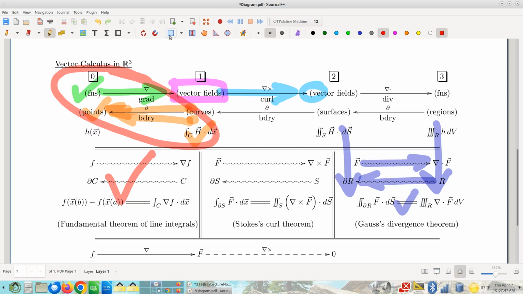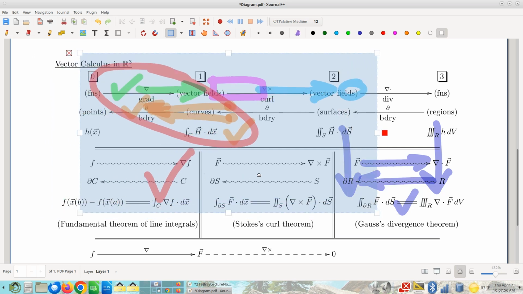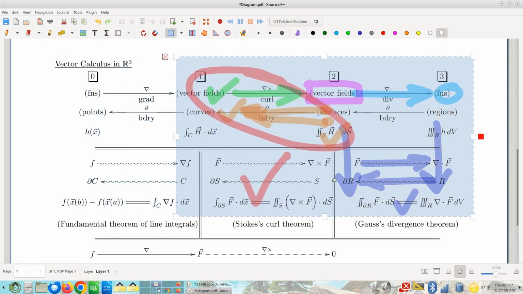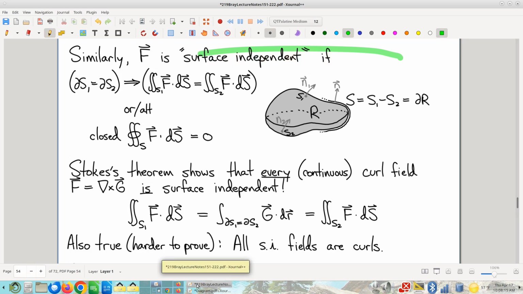The pattern, then, and this is not mathematical reasoning, this is pure strategic speculation, but the diagram would seem to suggest that if I want to connect being a curl with being surface independent, maybe Stokes' theorem would be the tool that would allow us to draw that conclusion, and that's what we saw last time.